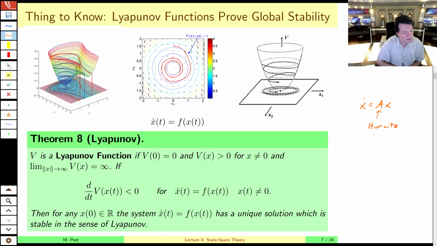Approach the problem of stability not in terms of those eigenvalues, which are very hard to compute and numerically ill-conditioned and non-convex and all sorts of nasty things, and look instead in terms of a proof structure, a property structure in terms of proofs, which is suitable for convex optimization.